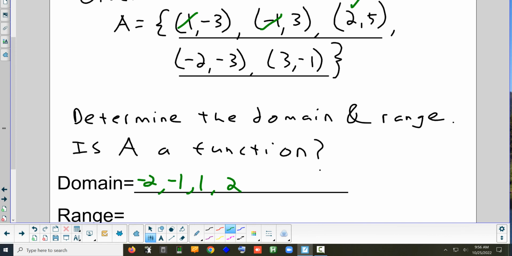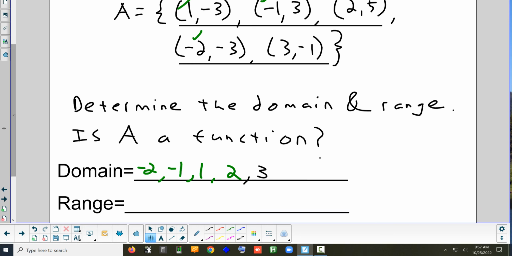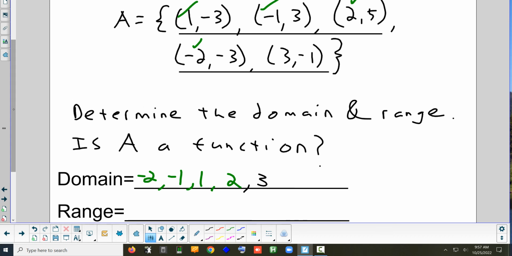I won't cross them out because then you guys can't read them. Yep, keep going. And 3. So there's my domain: -2, -1, 1, 2, and 3.